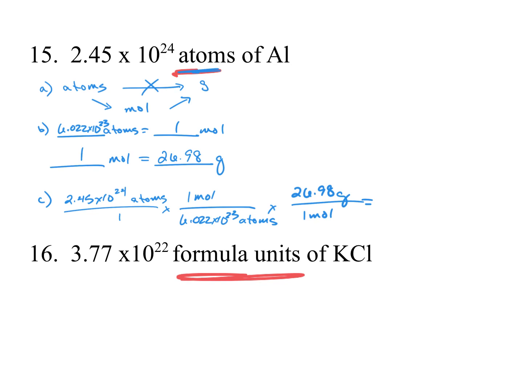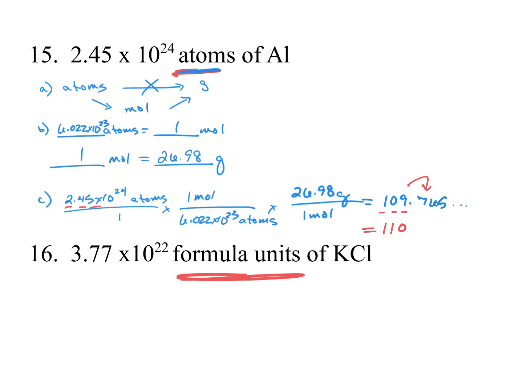So if you correctly use parentheses, you're going to get a number that's 109.765. But since the number that we started with in the problem has only 3 significant figures, these 3 digits have to be rounded to the 3rd significant figure, and this actually causes that number to round up.